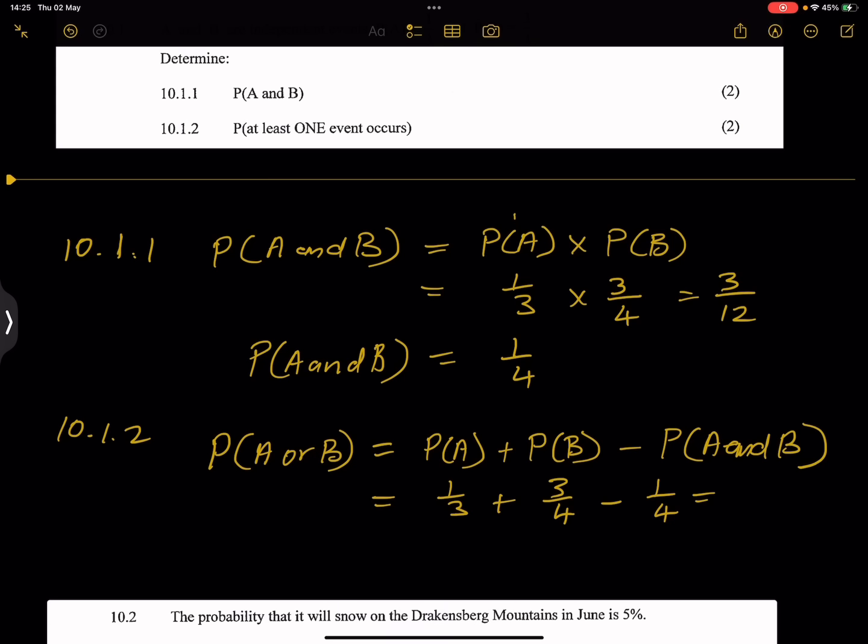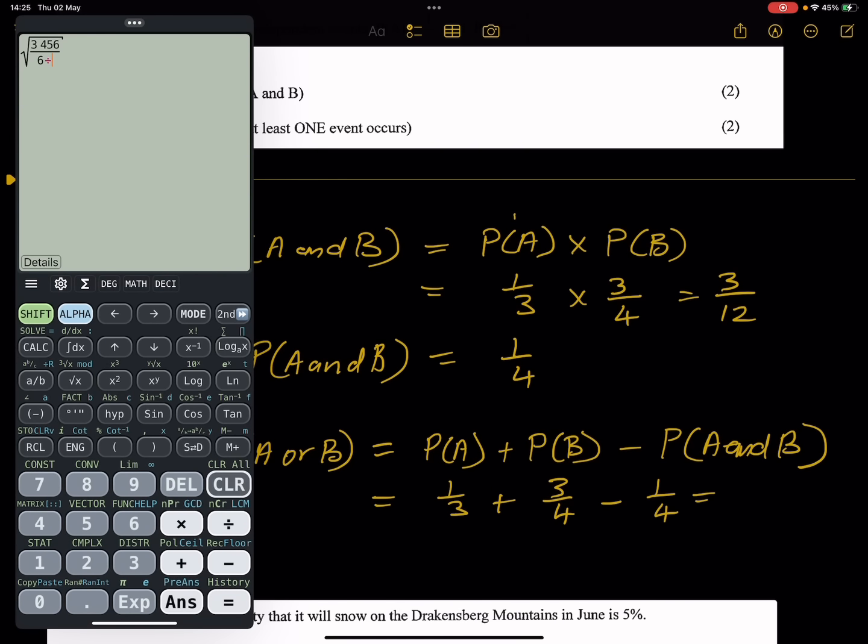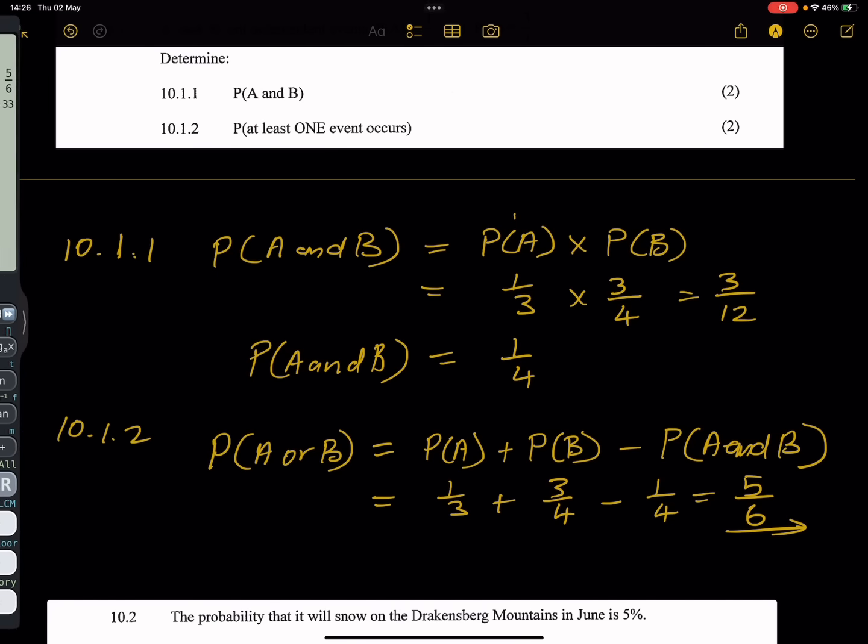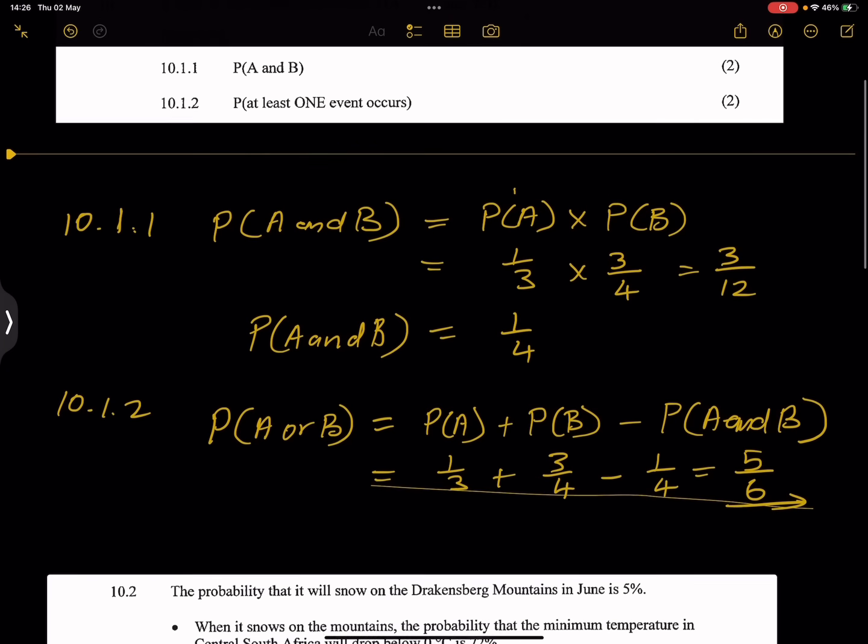So that will be 1 over 3 plus 3 over 4, minus 1 over 4. Okay, so we get 5 over 6. So we get that probability to be 5 over 6, and that is how we're going to do that one.